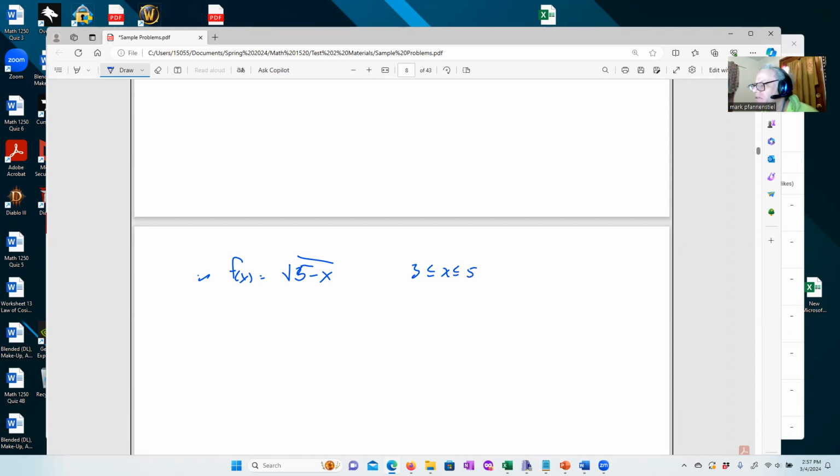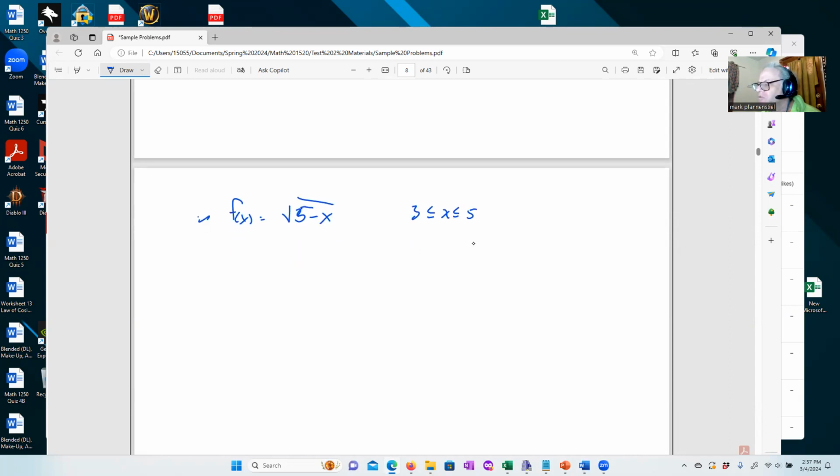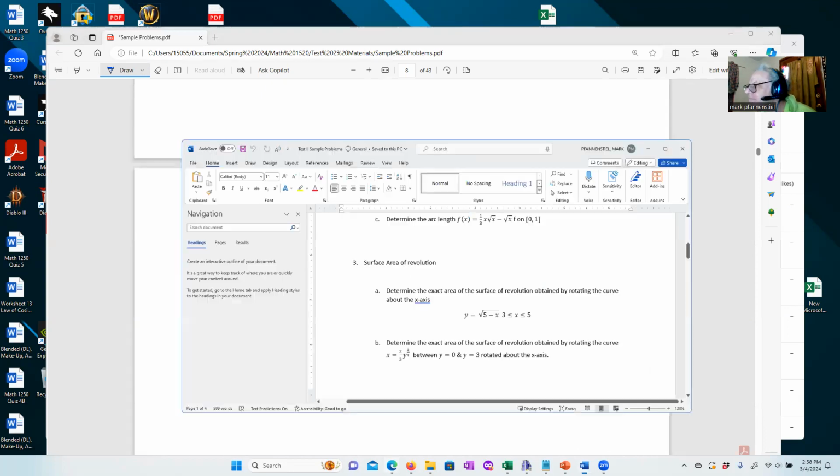So the first thing to do is to think about what is the formula we're going to use for surface area. If I go ahead and give myself a little drawing of this thing, we're going to be dealing with 5 and 3. So I want this arc length rotated around the x-axis here. Okay, just double checking.